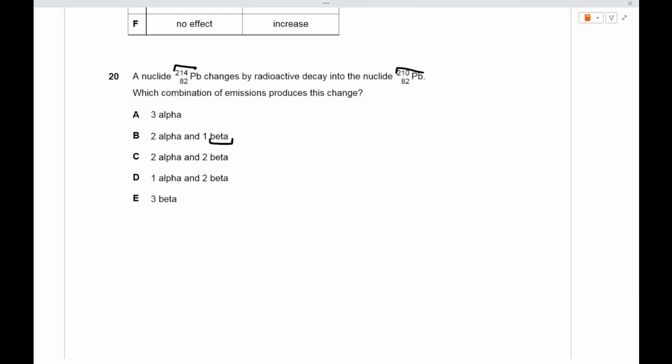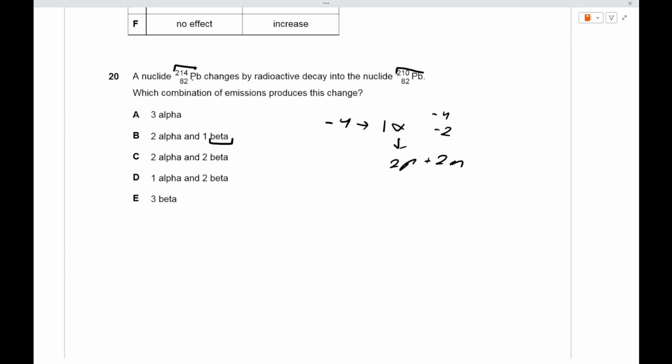We see that it's -4 in the mass. That means that only one alpha decay has occurred. Why? Because every alpha decay means -4 in the mass number and -2 in the proton number, as we all know an alpha particle has 2 protons and 2 neutrons.